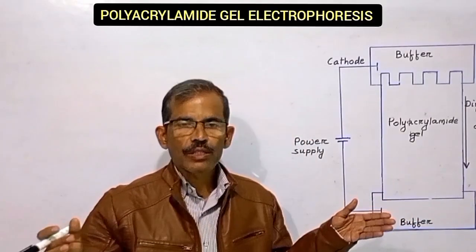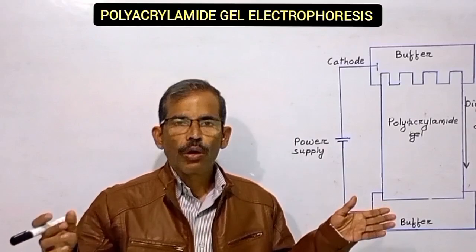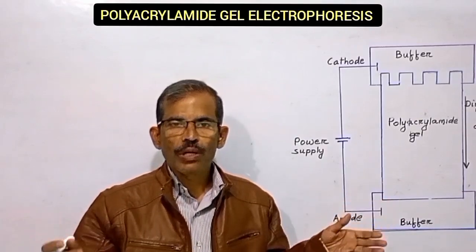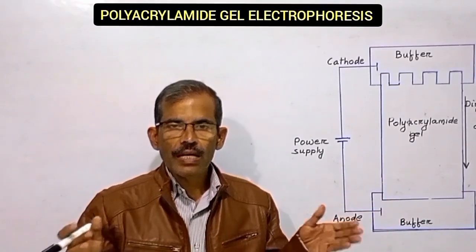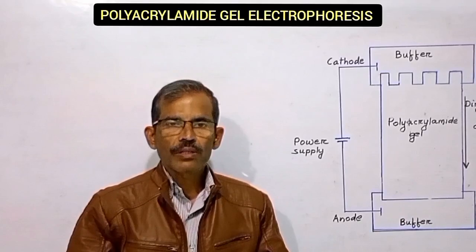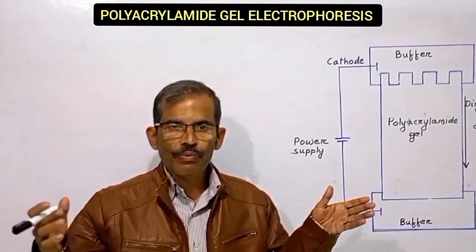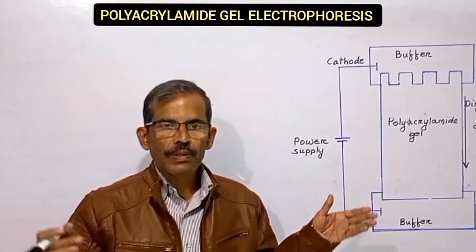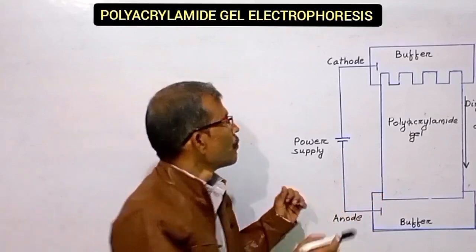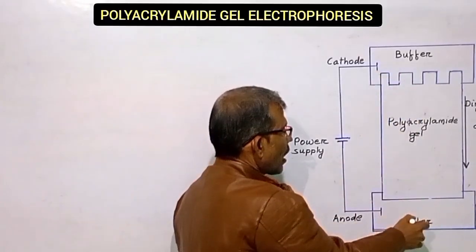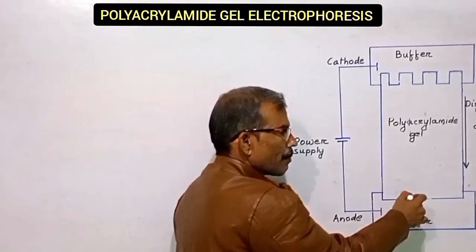The pH of the buffer solution is adjusted so that all sample components will have a net negative charge. Because of this, during electrophoresis, all of them will migrate from the cathode to the anode through the gel.